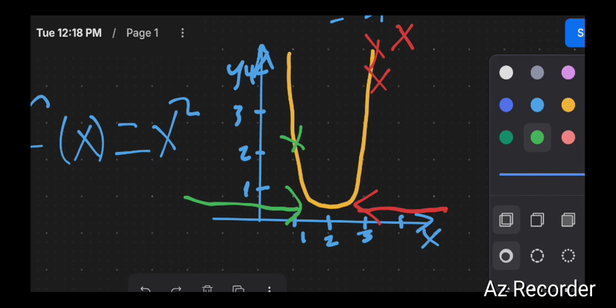And for x approaching 1.8, if we compute f of 1.8, that should give us around 3.24, and that will be around here.